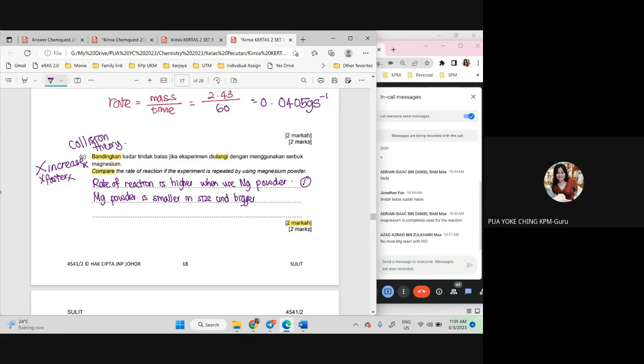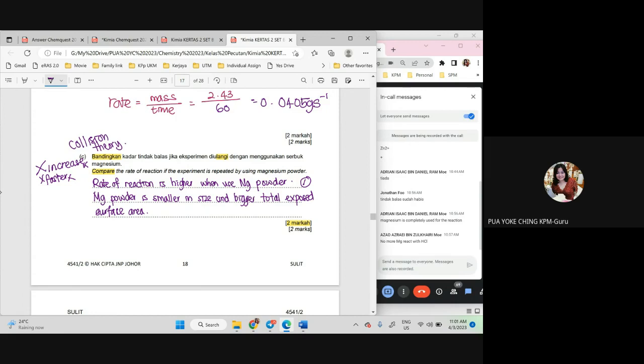Okay, ini belakang kena lengkap. Total exposed surface area. Okay, one more time. Mg powder is smaller in size and bigger total surface area.